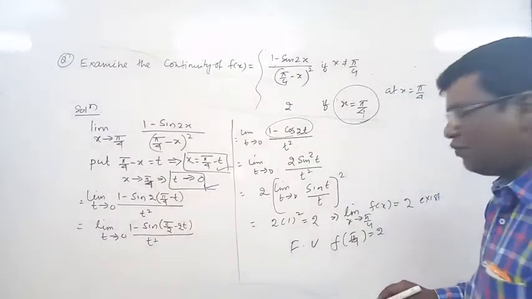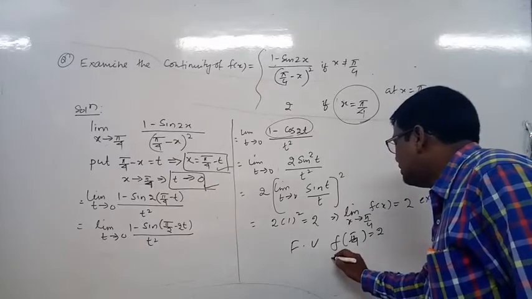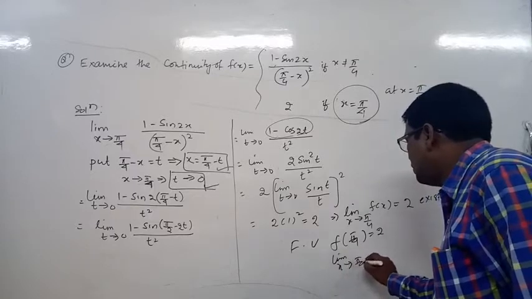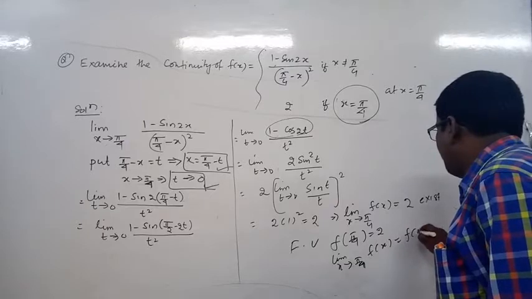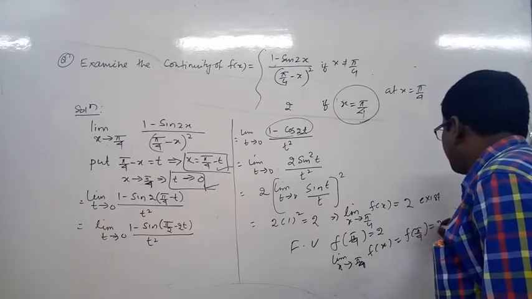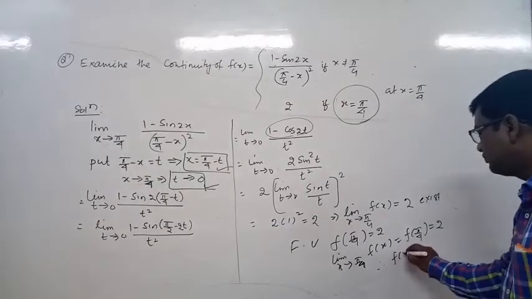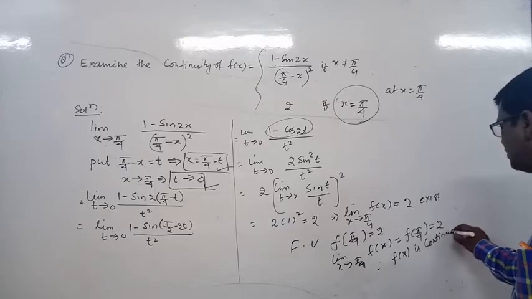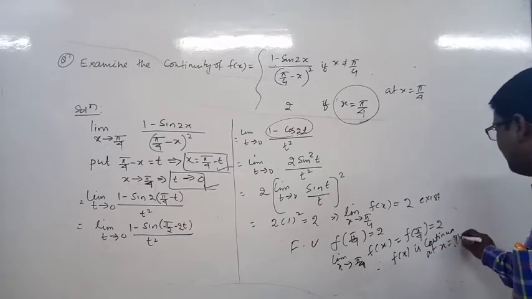Limiting value equal to functional value, that is limit x tends to pi by 4 f of x is equal to f of pi by 4. Therefore f of x is continuous at x is equal to pi by 4.